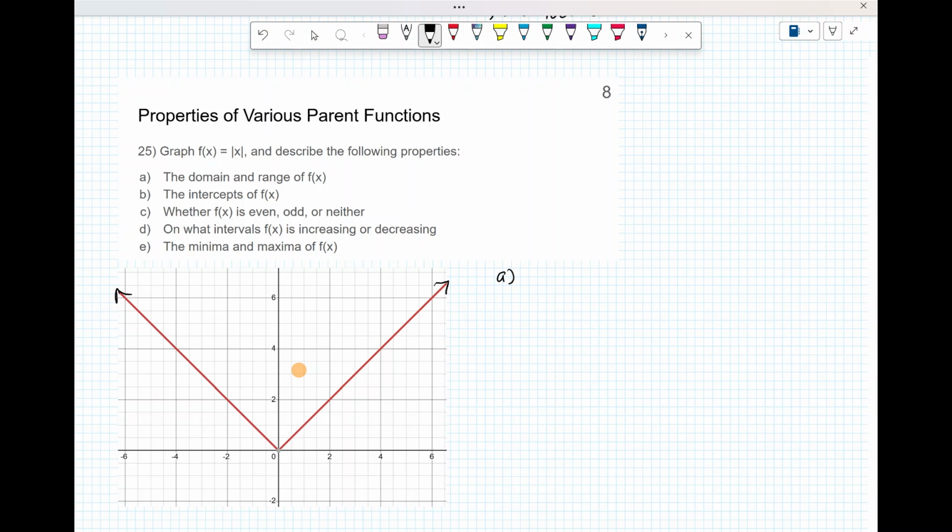My domain, my x values, you can see that this graph would keep going to negative infinity on the left and positive infinity on the right, going left or right along the x values. So our domain, my possible x values, you could do anything from negative infinity to positive infinity.